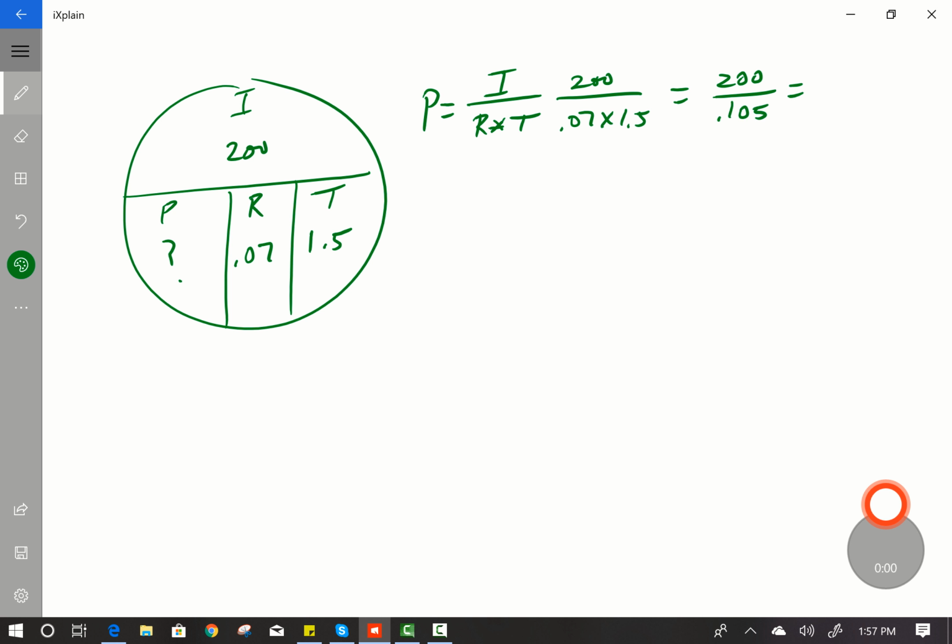Okay, now that equals 200, got to clear the calculator first, divided by 0.105, and that comes up to 1904.76. So the principal that generates a $200 interest at 7% interest for 1.5 years is 1904.76. Okay, now let's do number 12.